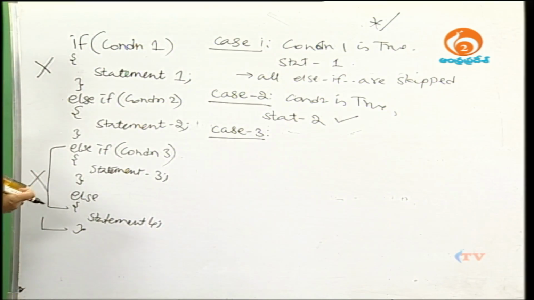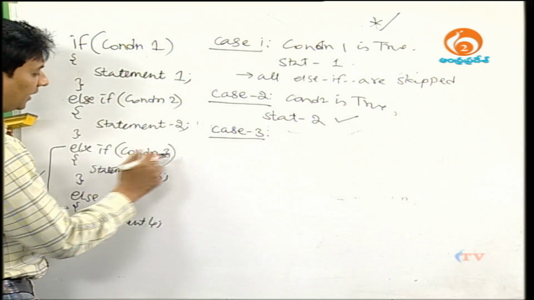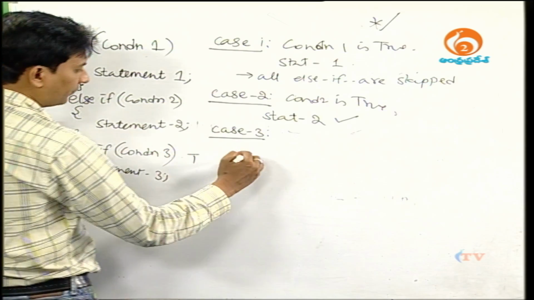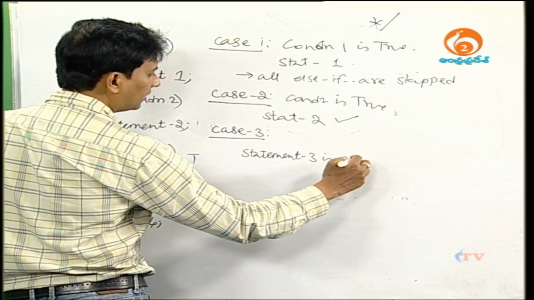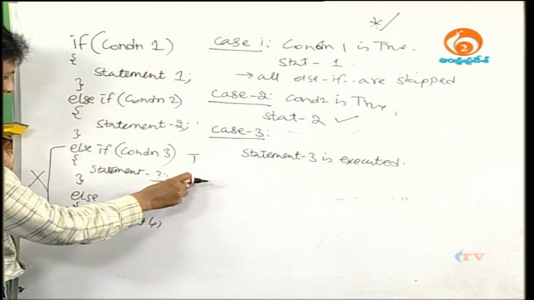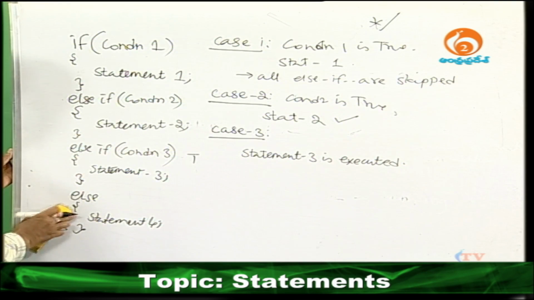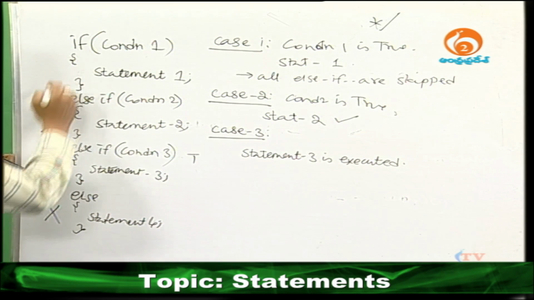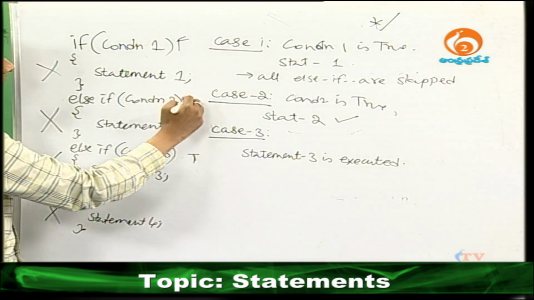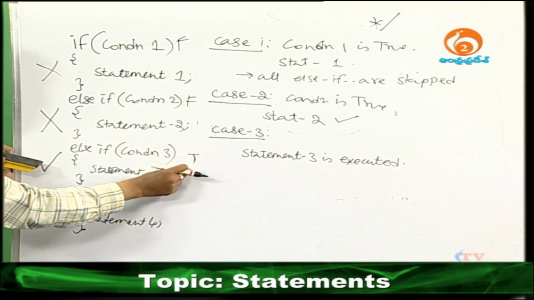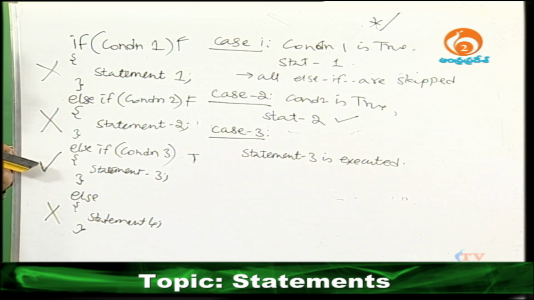If condition 3 is true, only statement 3 is executed, and the else part is not executed, statement 1 and statement 2 are also not executed, because condition 1 and condition 2 were false.